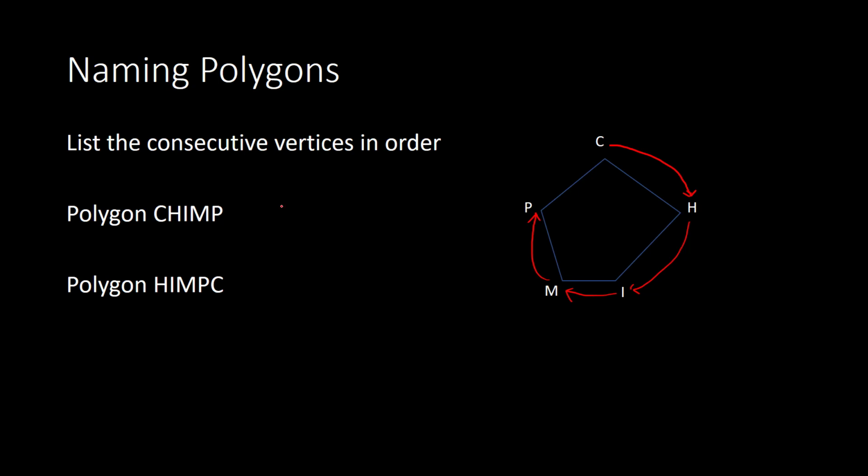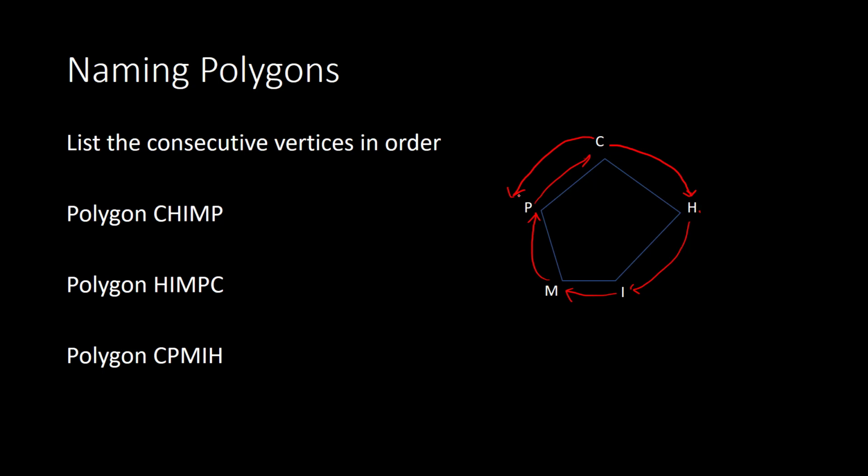So we could also call this polygon HIMPC, where I start at the H instead, and then go to I, then M, then P, and then over to C. Or you can also call it polygon CPMIH, where I'm starting with the C, and now I'm going counterclockwise instead.